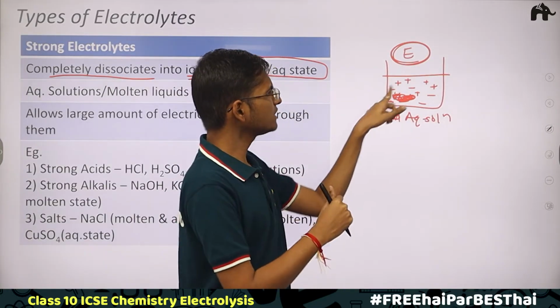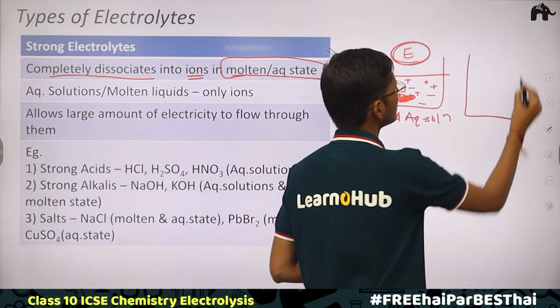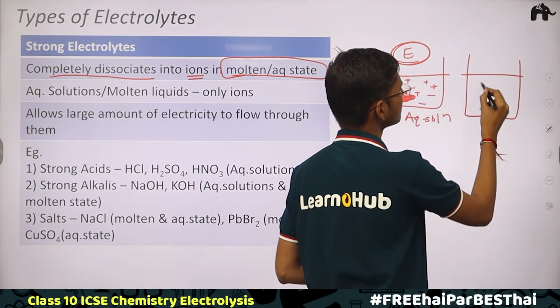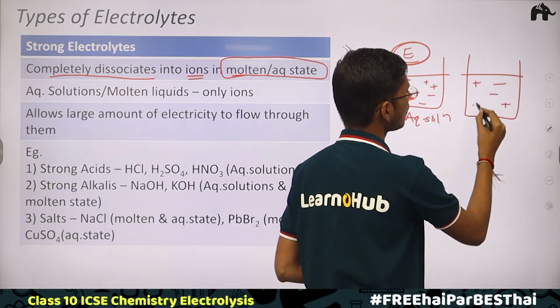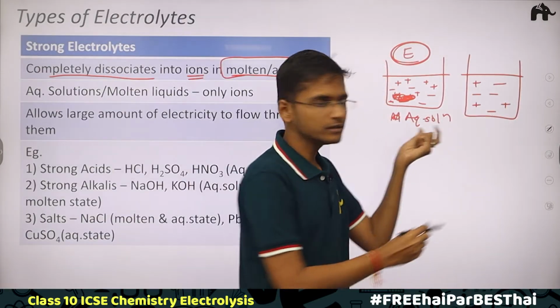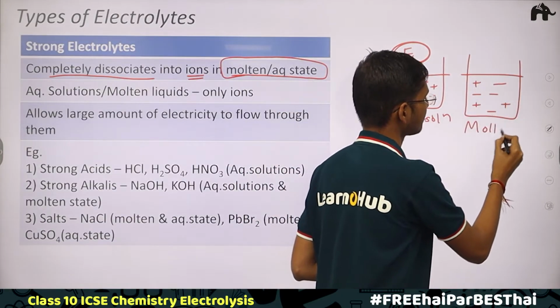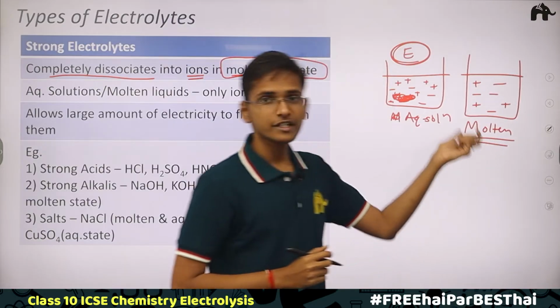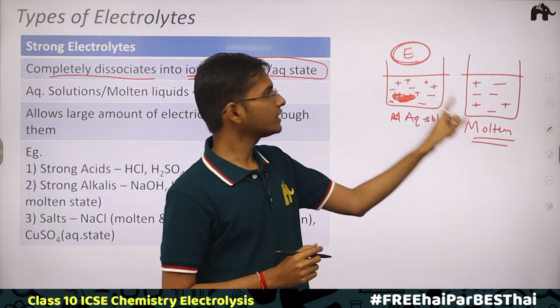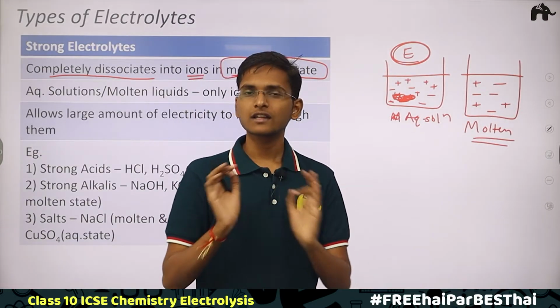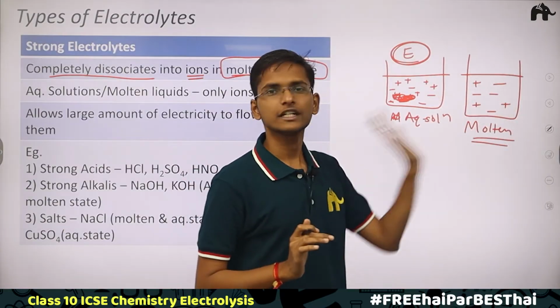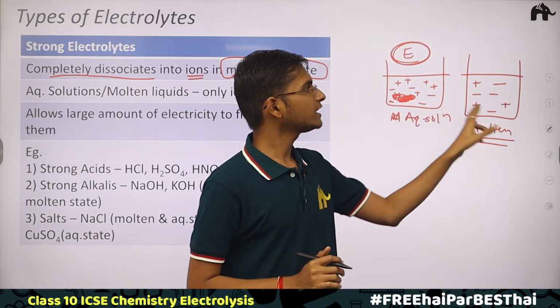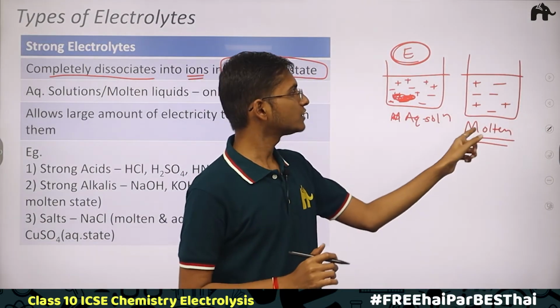In the same way, if you melt such strong electrolytes, you would observe that in their molten state you would only find ions, positively and negatively charged. You won't find any molecule of that electrolyte in the molten state as well.